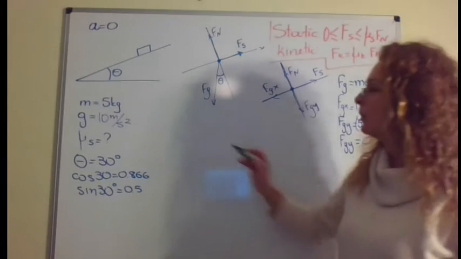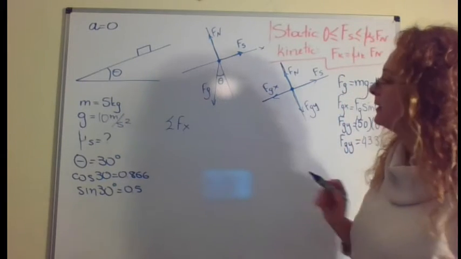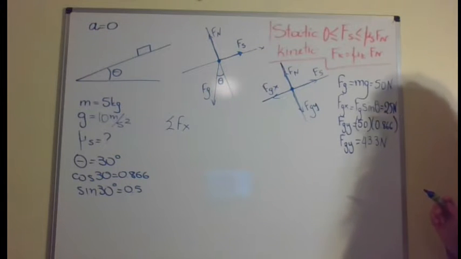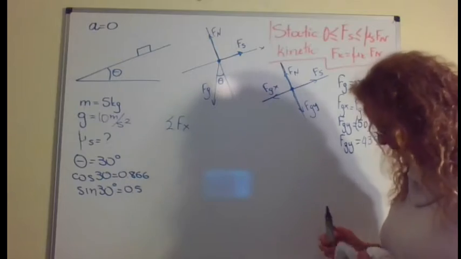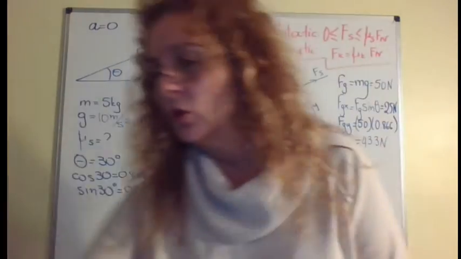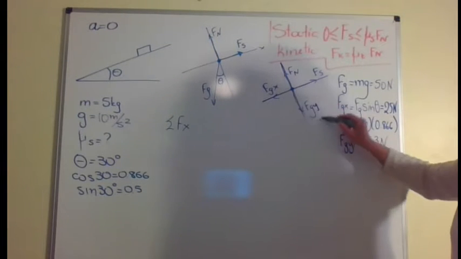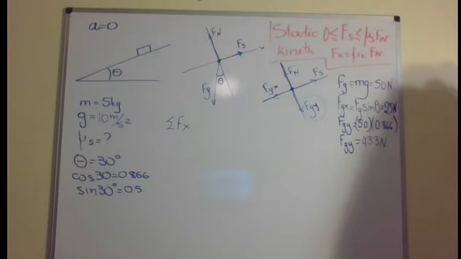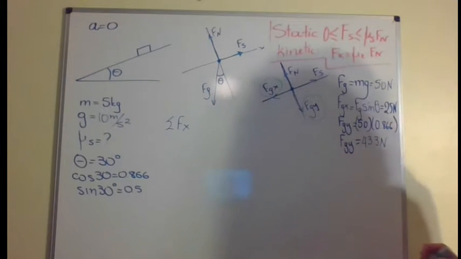And now we're ready to use the sum of forces on the x-axis and the sum of forces on the y-axis. So this problem has to do with what we said so far. I know one force on the y-axis and I know one force on the x-axis.